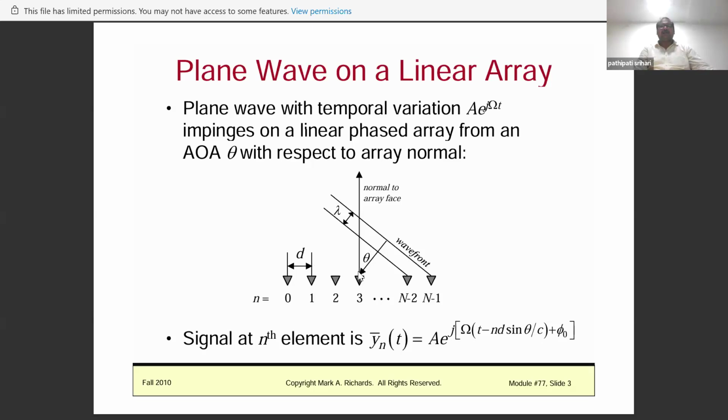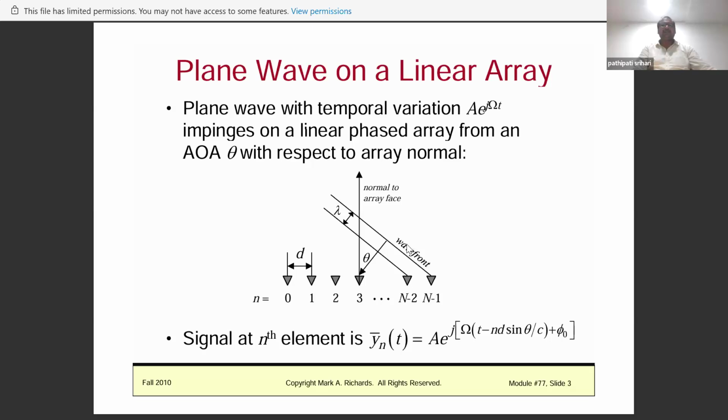Other than 90 degrees, that particular sine theta is multiplied with n and d, and that particular value is the equivalent distance. The equivalent distance divided by the velocity of light will provide you the time difference.